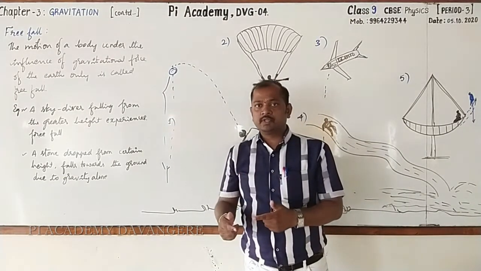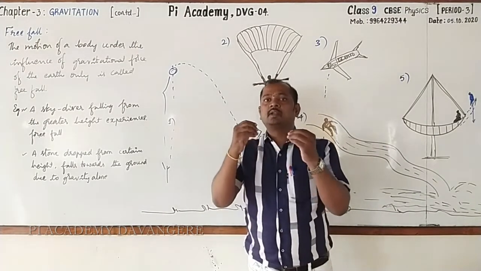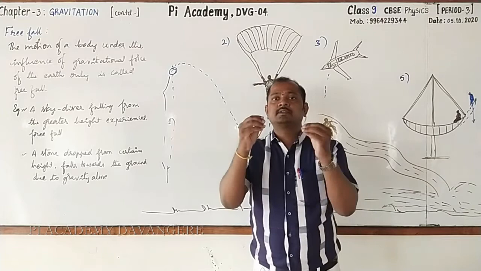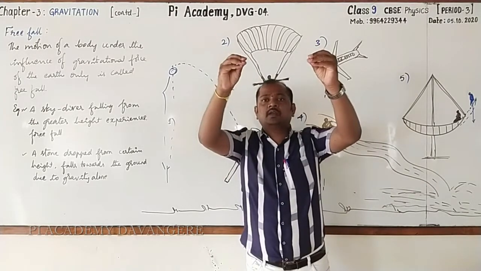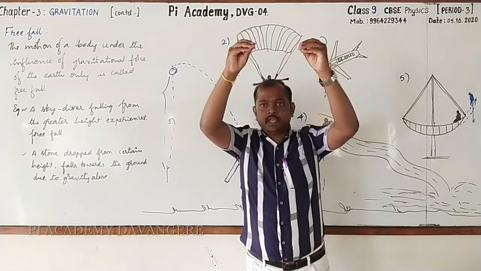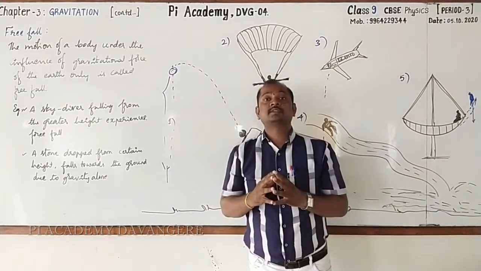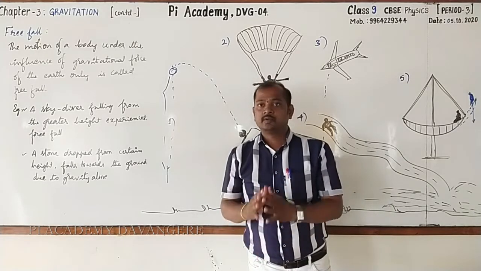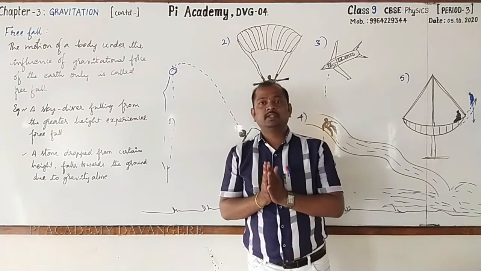Then we have to give the reason for this. According to Galileo Galilei, irrespective of the mass, size and nature of the object, when they are dropped from the same height, both will reach the ground simultaneously.